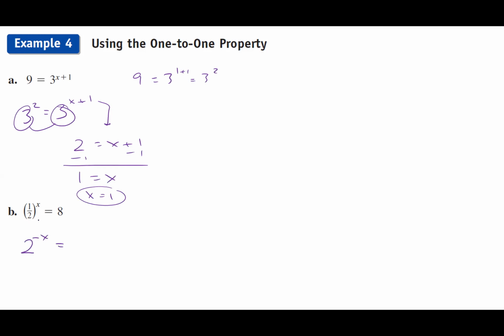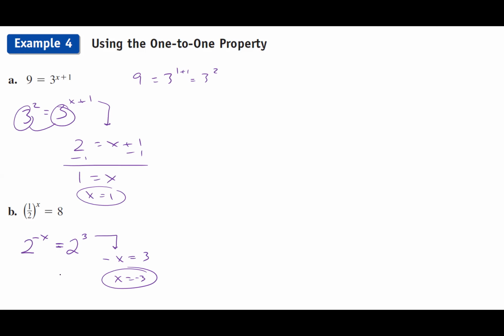I'm going to have to make this exponent a negative there. Now 8. Can I make 8 into a base of 2? Yeah, 8 is 2 to the third power. Do I have my bases to be the same? Absolutely. I can forget the bases and just solve for the exponents. And I get x is equal to -3.